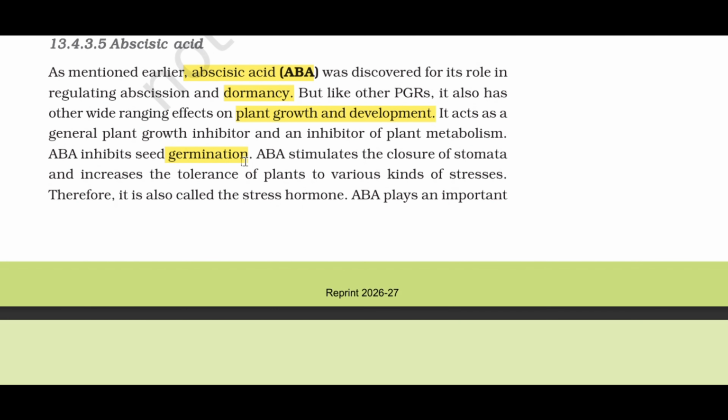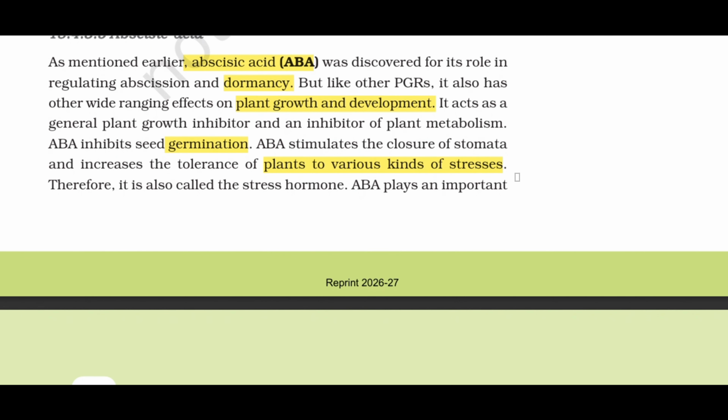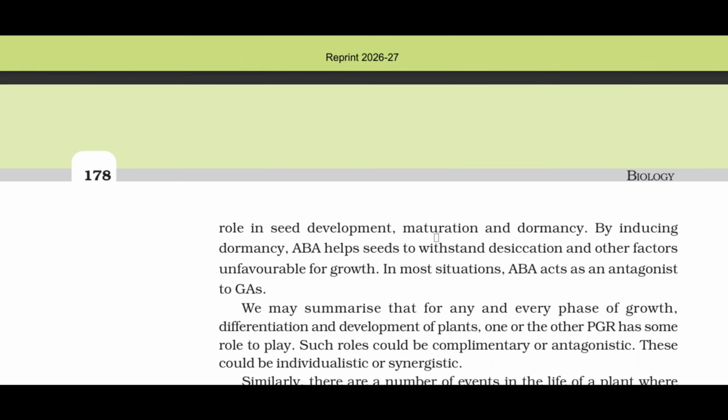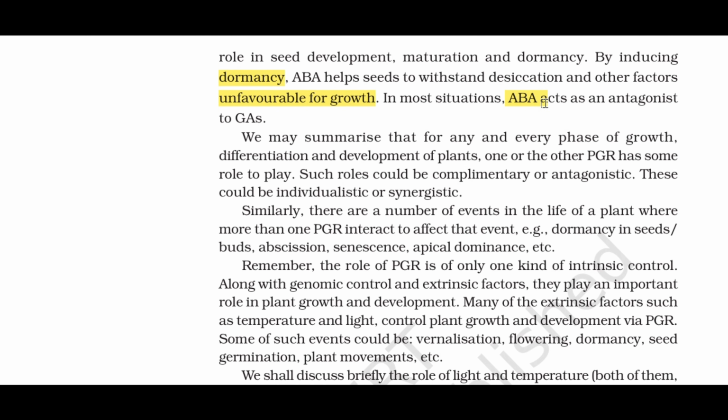ABA stimulates the closure of stomata and increases the tolerance of plants to various kinds of stresses. Therefore, it is also called the stress hormone. ABA plays an important role in seed development, maturation and dormancy. By inducing dormancy, ABA helps seeds to withstand desiccation and other factors unfavorable for growth. In most situations, ABA acts as an antagonist to GAs.